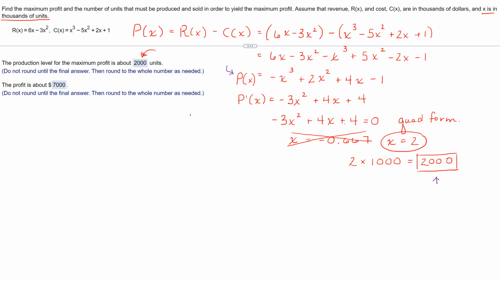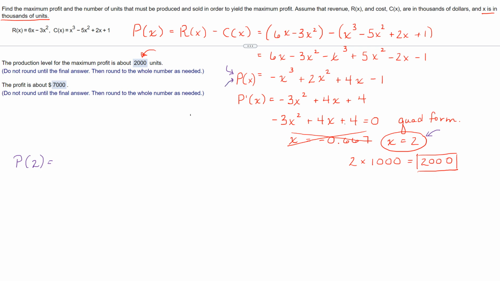So I'll have P of, you can use 2,000, or I'm going to backspace a little bit here because we know it's in thousands, and just to keep the numbers easier, I'm going to use the 2 and then we'll multiply by 1,000 at the end. So I'll have P of 2 plugging into, as I said, the P of x.